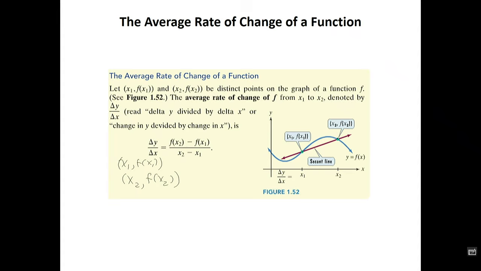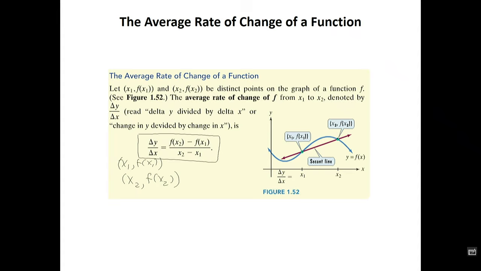By the way, we denote the change in y as delta y. We say that the average rate of change is defined as delta y over delta x. So the change in y would be f of x2 minus f of x1 divided by the change in x, x sub 2 minus x sub 1. So this is what we call the average rate of change of a function.